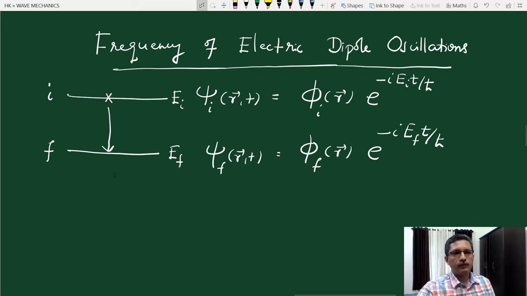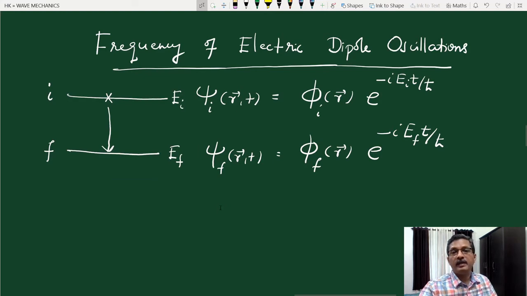When the electron is in a particular state, these are all steady states. When the electron is in initial state I, it's a steady state or stationary state. It has a particular wave function representing that state. When the electron is in the final state, again it's a stationary state, so it has a wave function for that state.